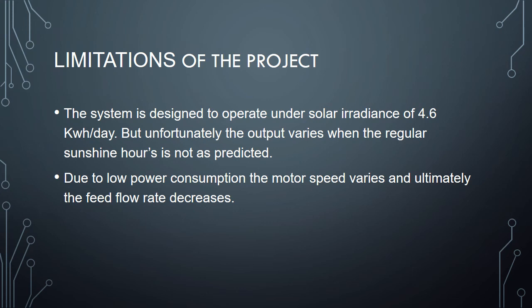And due to the lower power consumption, we know that the RPM of the motor depends directly on the power that is supplied by these power sources. So as we were unable to harness maximum power, the motor speed was low, and ultimately the feed flow rate decreased, and for that reason we were not able to get the appropriate amount of water per day.